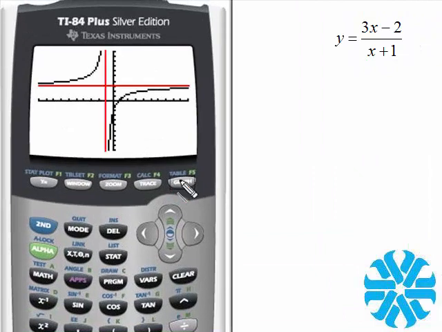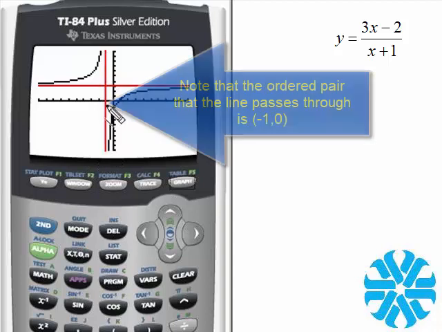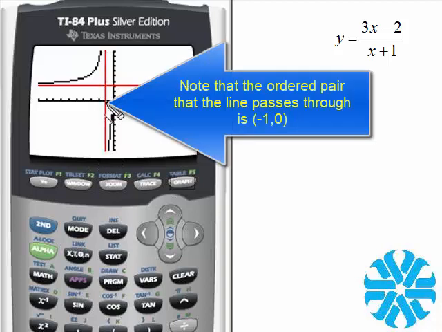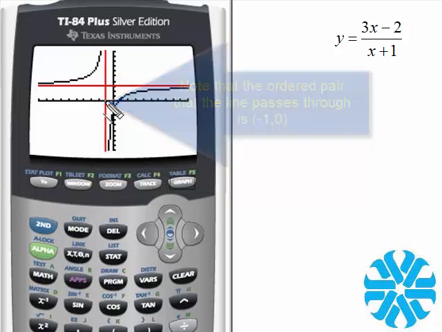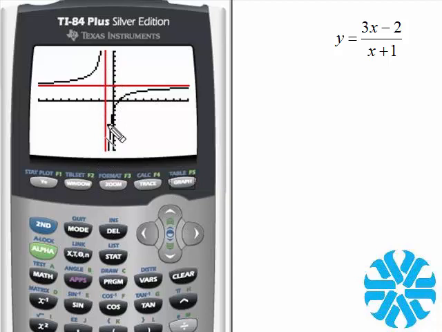Okay, I just drew in the vertical asymptote, which is right here, and that vertical asymptote is going through the point x is equal to -1, so the coordinate is actually (-1, 0), and the equation of that line is x is equal to -1.